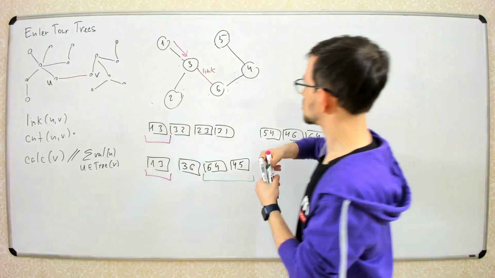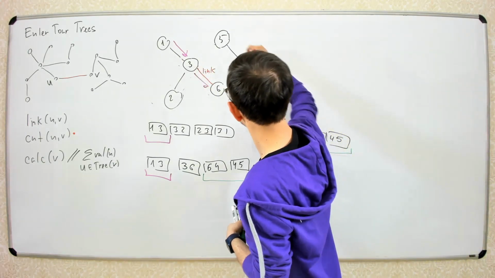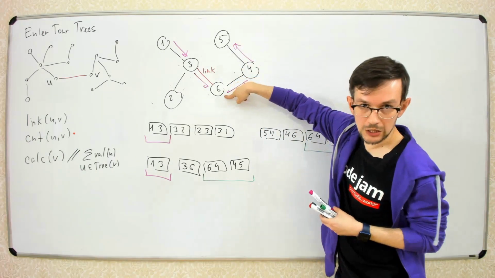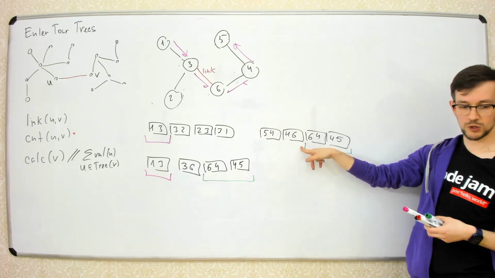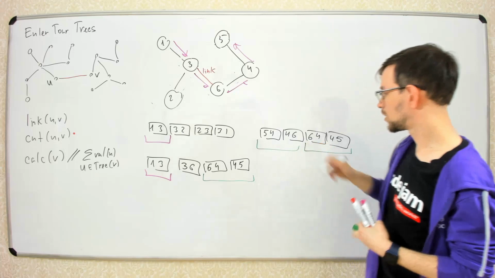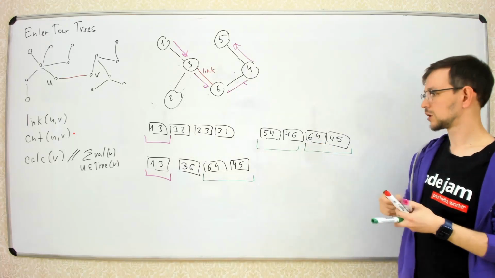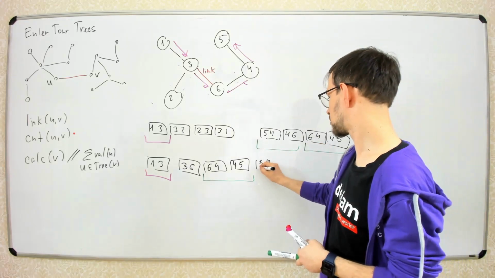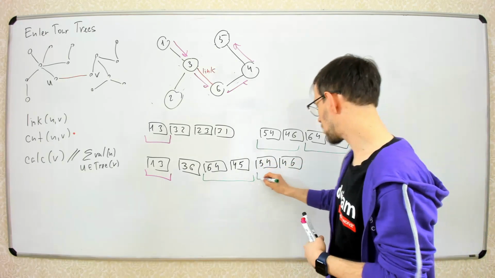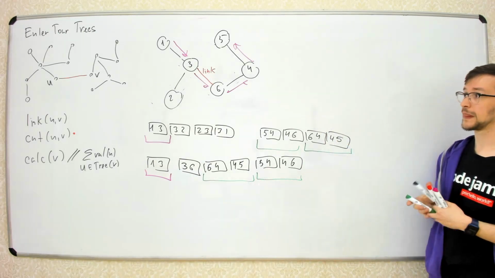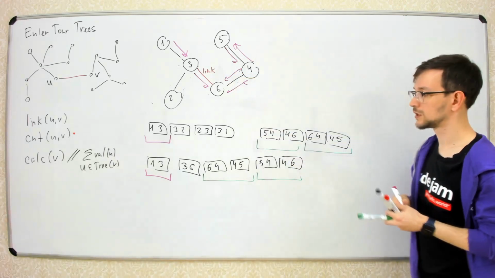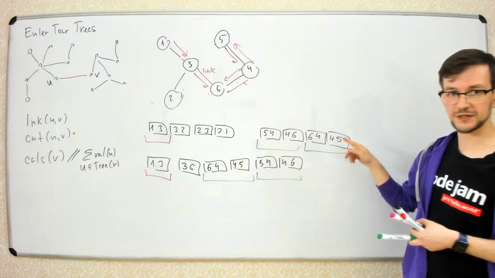Now we are here, so we go here, then here, then here. Now we need to go back from here to here, so we use this part of the Euler Tour to go back to node 6. So we use this 5, 4, then 4, 6. Now we are back at node 6. That's all. Now we have iterated all nodes in this second tree.